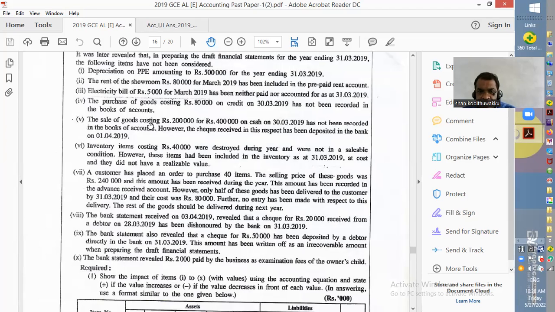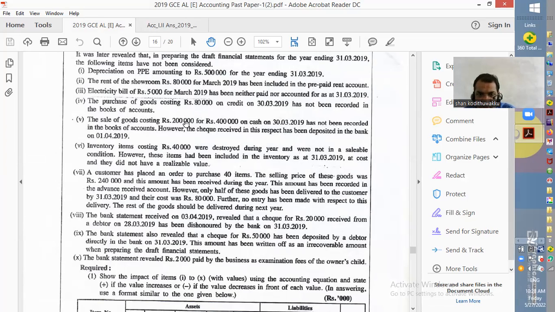The sale of goods costing 200,000 for 400,000 rupees on cash, on cash means you have got money, on 30th March 2019 has not been recorded in the books of accounts. However, the check received in this respect has been deposited in the bank. That means the money received for the sales transaction they have deposited. But the thing is, they haven't recorded the sales transaction.